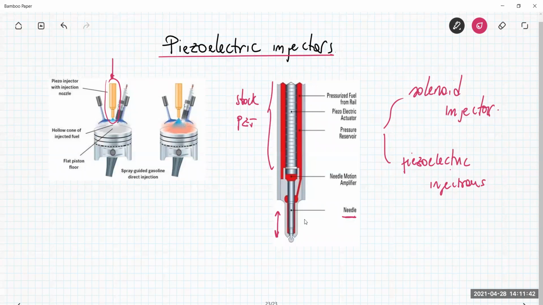This displacement can be exploited to make this needle go up and down.